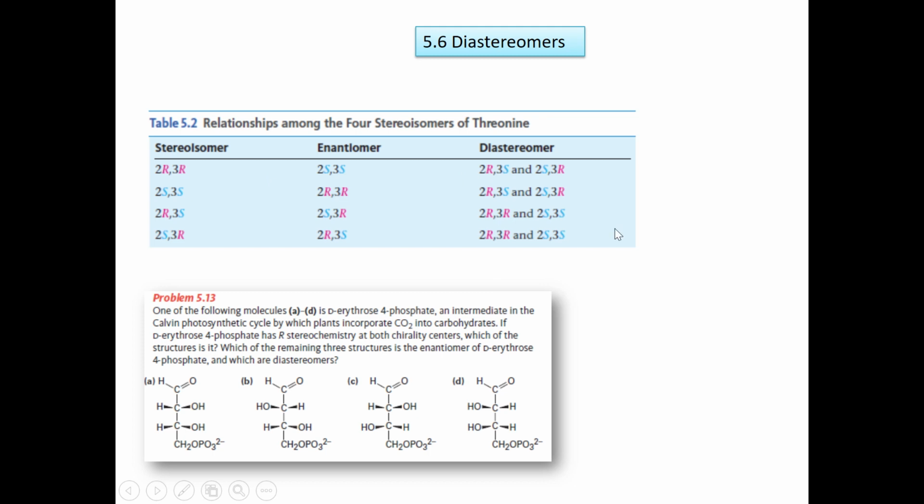Okay, that means again, diastereomers are compounds that have at least two chiral centers. They can have infinite, but at least two. At least one of them has to be the same, and at least one of them has to be different. Okay, it's the only rule to be diastereomers.